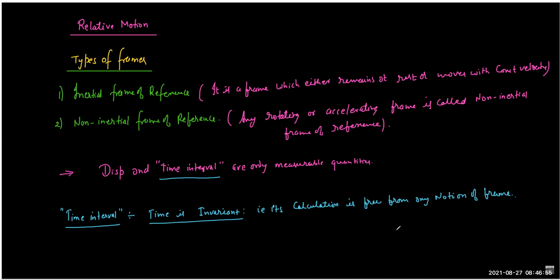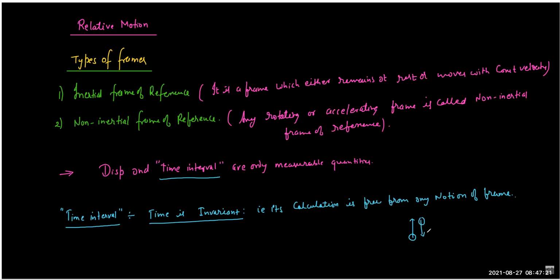True. So now you're throwing the apple and it's coming back to your hand. So what is the path of the apple in your observation? Vertical, isn't it?